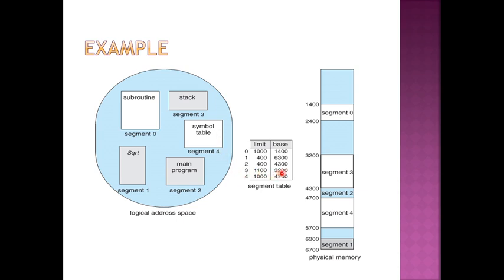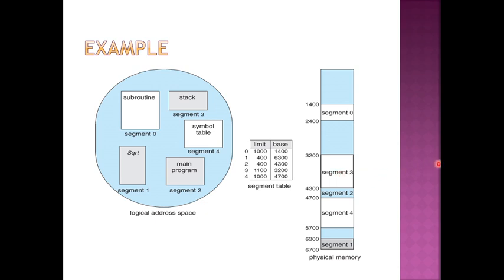Segment 3 is the stack and it starts at the base address 3200. When I start at the base address 3200, I look at the limit. The limit is 1100. If I add 1100 to this, it becomes 4300. So from 3200 to 4300. Again, please understand that 3200 is included and 4300 is excluded.